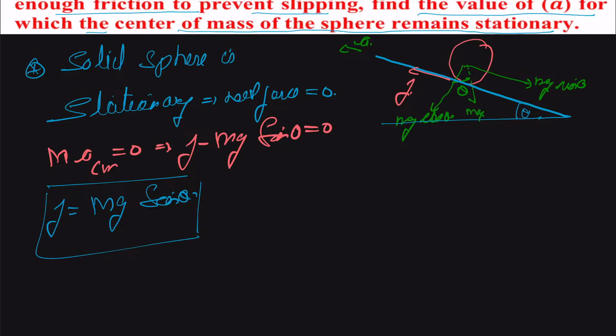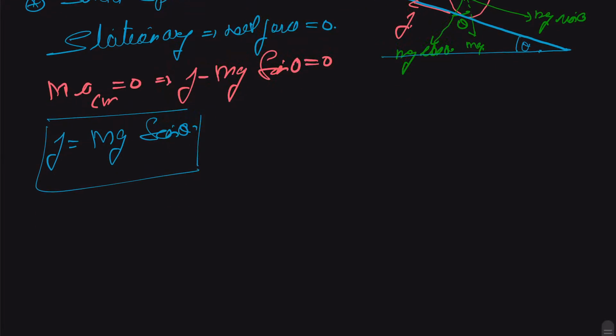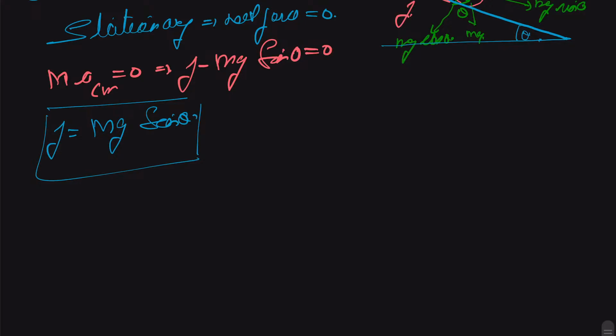That will also result in a torque. So we can say that the torque, tau, will be equal to F times R, and that will be equal to I times alpha.